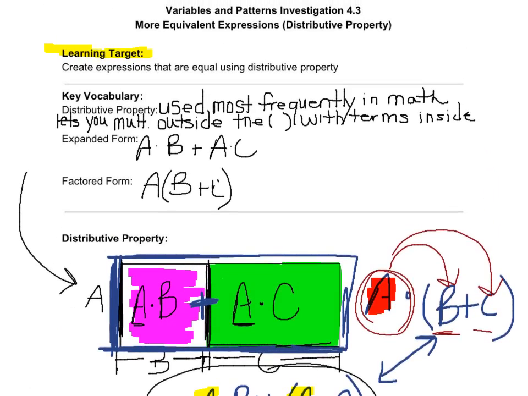But you do have to be familiar with the vocab words that are up here, and know in class that when I talk about distributive or when I use the terms expanded or factored, you know what I'm talking about. That's why I put them under key vocabulary. So we will continue to practice using this in class to be able to create equivalent expressions.